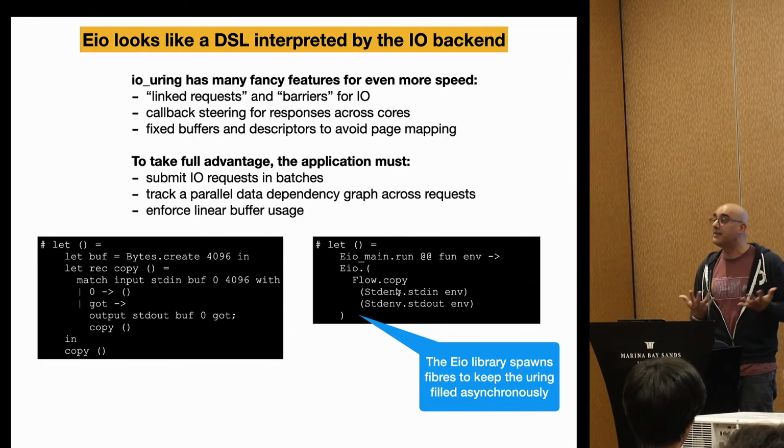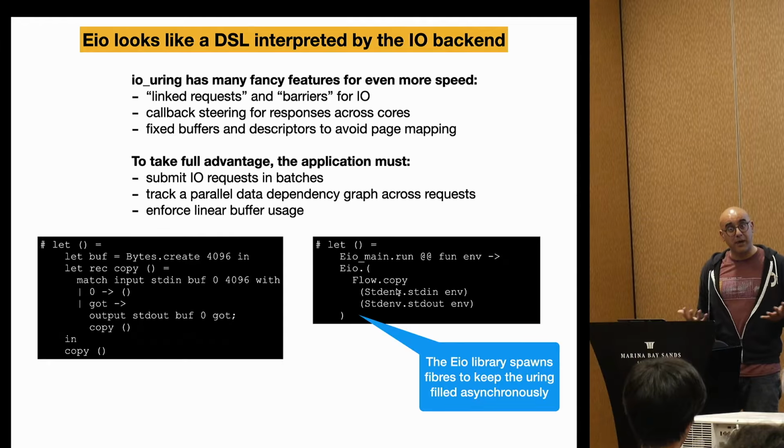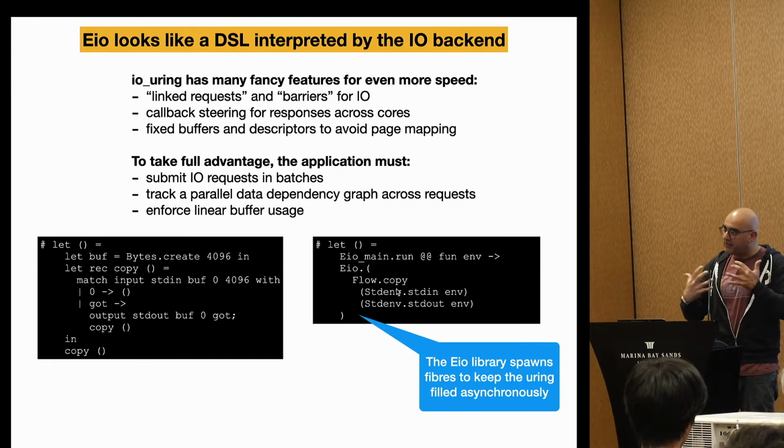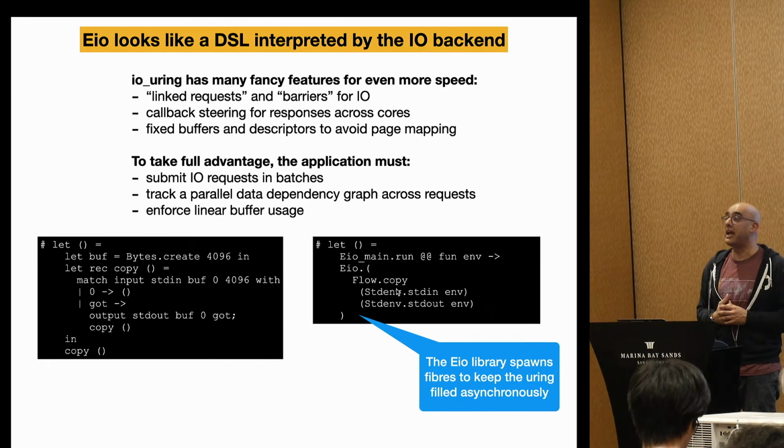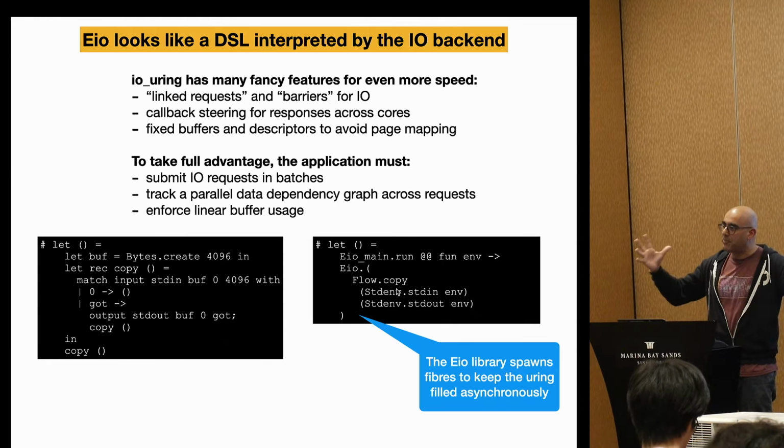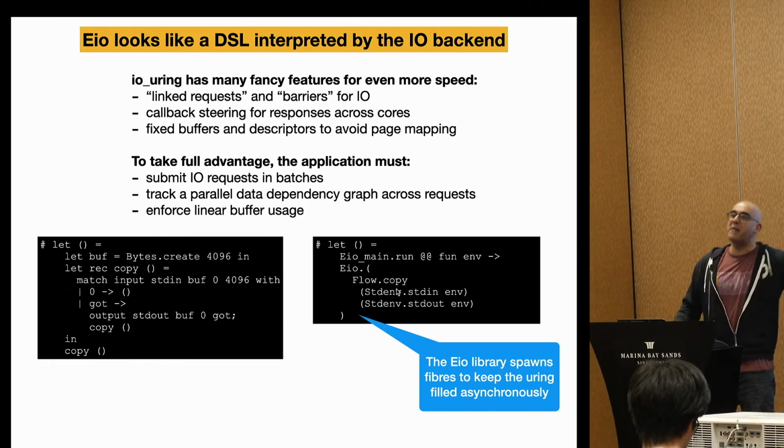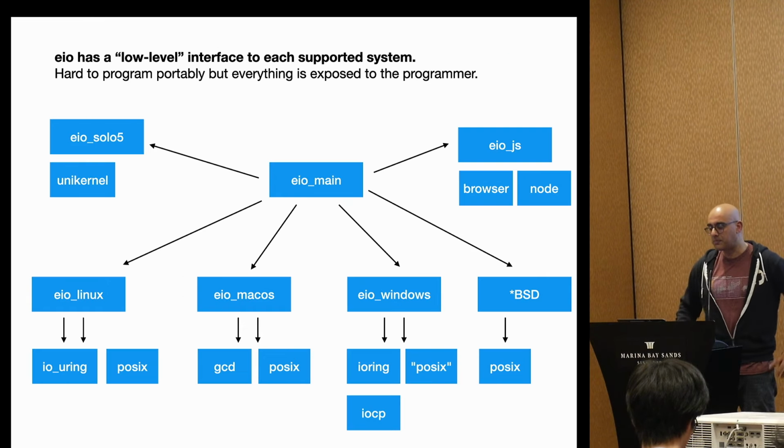Then the backend can decide how to spawn the fibers, to manage all the shared memory queues, because it's got a notion of user-level concurrency that has been defined by the application. And therefore, the OCaml runtime can go off and decide how to keep its shared memory buffers full, which then propagate all the way down the stack as well.